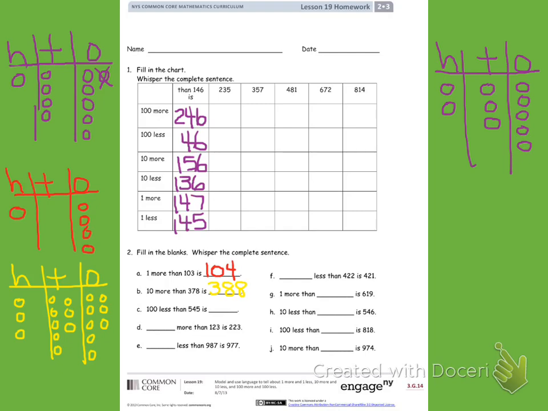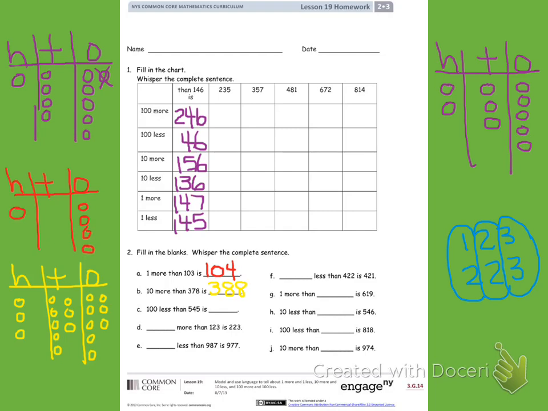So look at item D. Blank more than 123 is 223. So look at the number 123. If I change the number 123 to 223, did I change the number in the ones column, the tens column, or hundreds column?